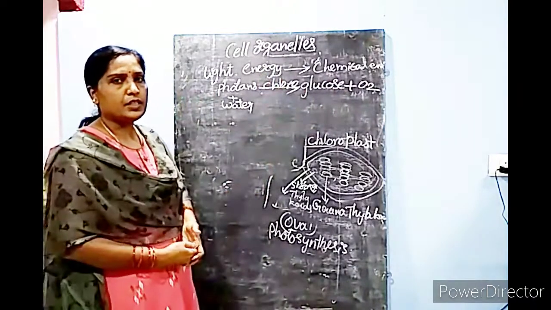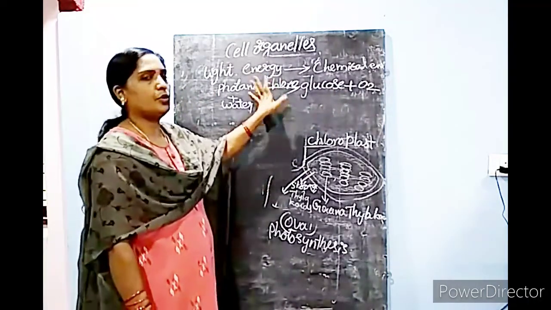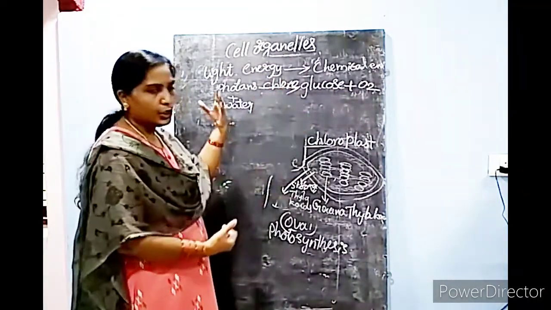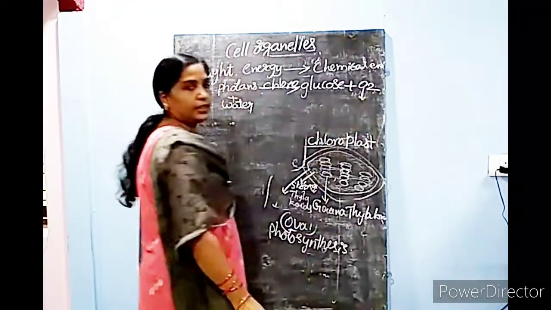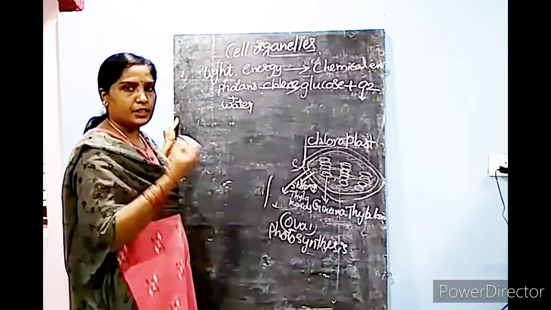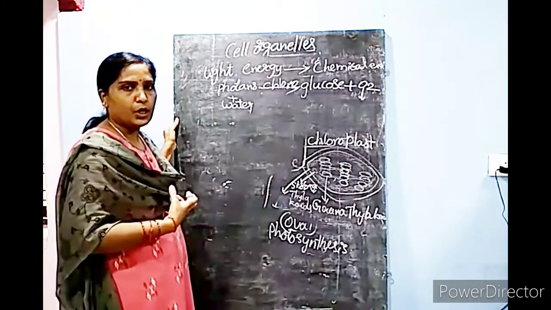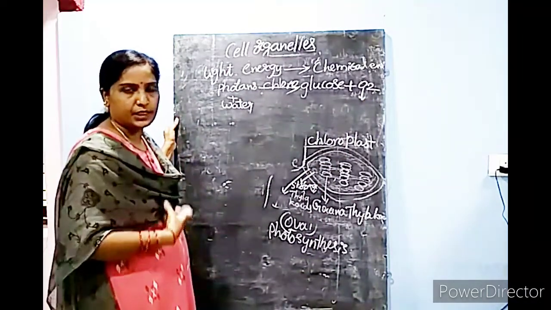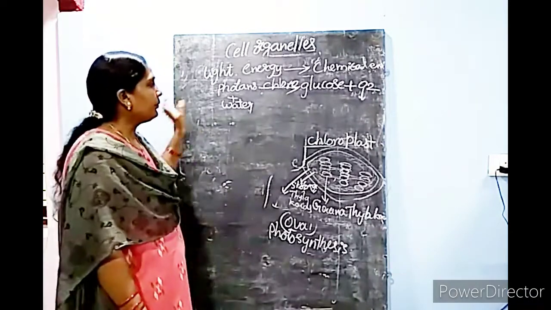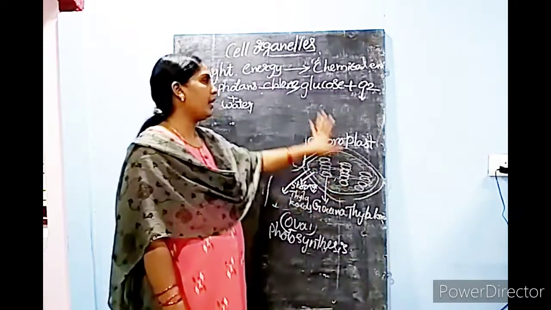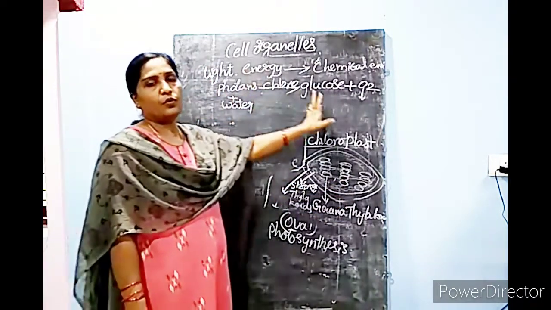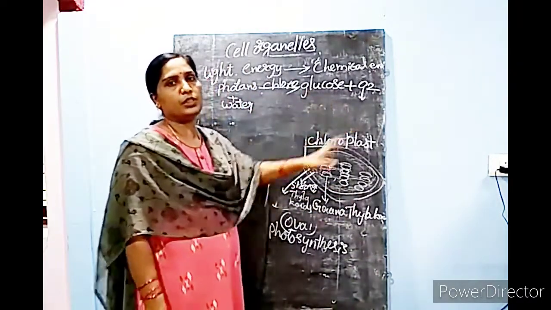Oxygen is a byproduct in photosynthesis, which is not useful for the plants, so they release it outside. That oxygen we use to carry out our respiration process. This is all a known story for you. The new story is how the chloroplast helps to carry out the photosynthesis process, which you learned now.